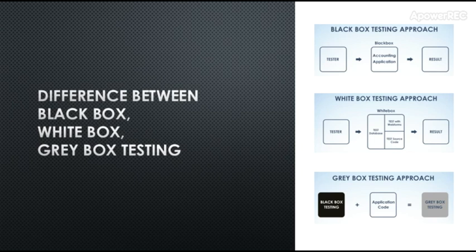Gray box testing is a software testing technique that is a combination of black box testing and white box testing. The internal structure, design, and implementation are partially known in gray box testing.